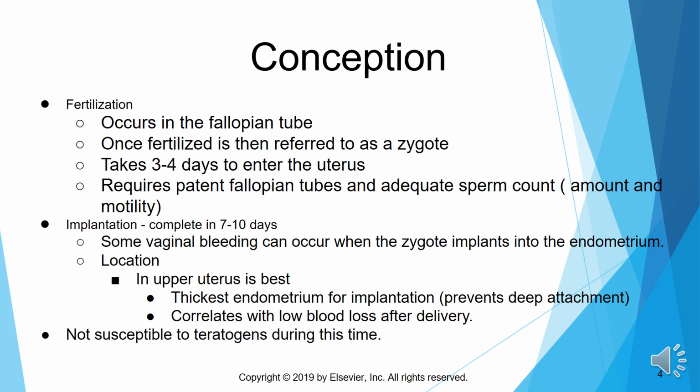Implantation is usually completed in 7 to 10 days. When you think about the cycle, there is some bleeding that occurs with implantation. And if you think about the menstrual cycle, the timing of that implantation is right around the timing that you may have your period.